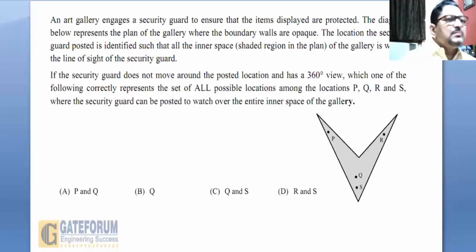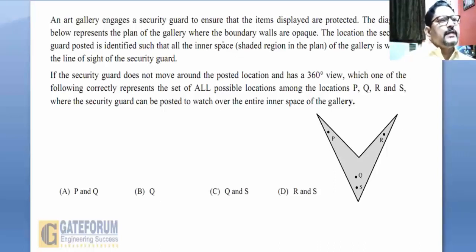Let's go to the next one. This appears to be a logical reasoning question. Let us see what has been said. An art gallery engages a security guard to ensure that the items displayed are protected. The diagram below represents the plan of the gallery. See, this is an odd sort of gallery, a concave quadrilateral, you might say.